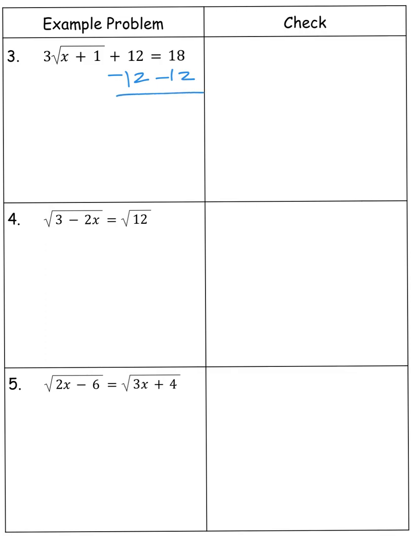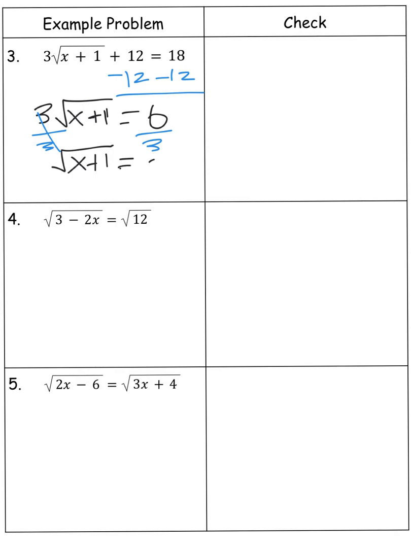So now I have 3 square root of x plus 1 is equal to 6. I'm going to, at this point, divide by 3 to get rid of this 3 in front of the square root symbol. So now I have the square root of x plus 1 is equal to 2.